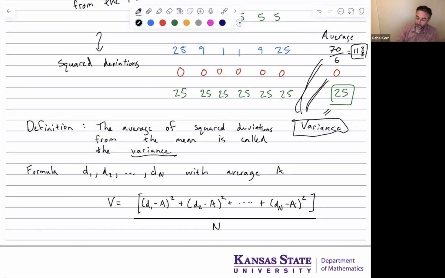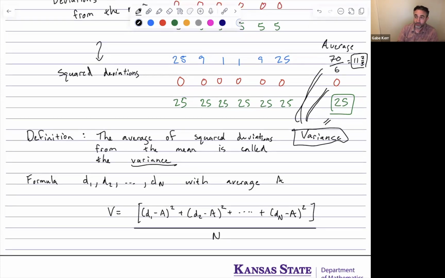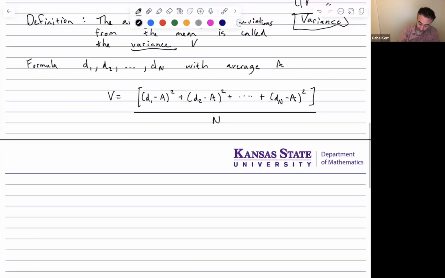And the variance is a measure of spread. Typically, to get a more useful number in many applications of statistics, it is useful to take the square root of the variance. So the variance is labeled by V, and I'll use that notation to define the standard deviation. Okay, let's do that.